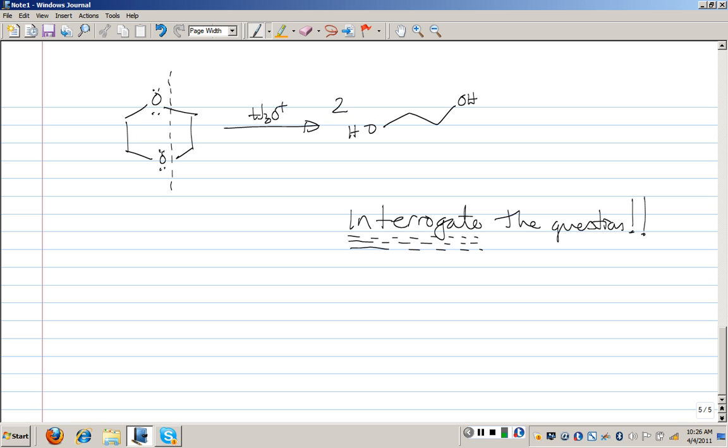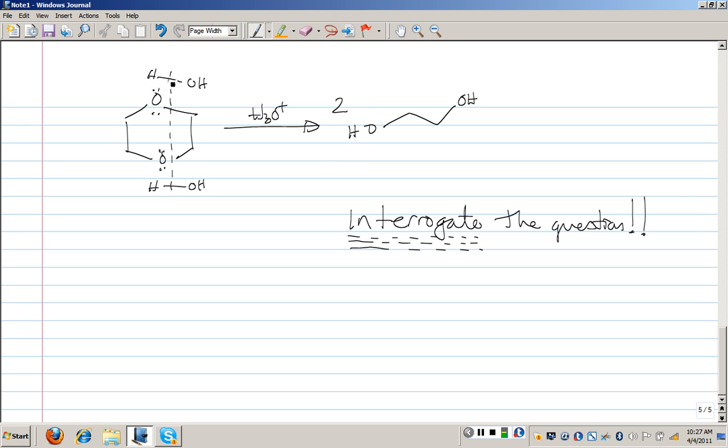In essence, I'm going to take water from the system, and I'm going to have the water bond to my material like this. HOH, HOH. So this O binds to this H, this O to that one, and I make the diol. This O binds to this carbon, this O binds to that carbon, and I make another molecule of the diol.